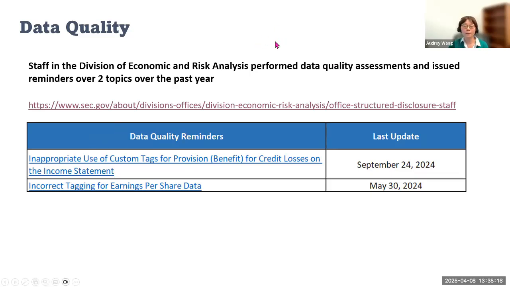We found certain filers created a custom element to tag that amount, or tagged that amount with one of the two standard elements, EPS basic or EPS diluted. The appropriate approach is to tag that amount twice with the two standard elements. We have an FAQ, question F5, that provides guidance on tagging a single value that represents two separate facts with the same value.